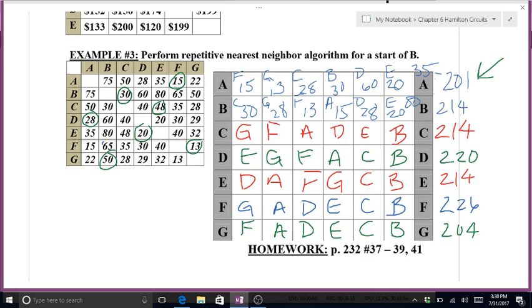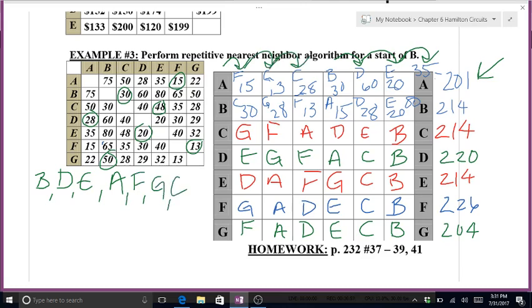Okay, but notice it says perform repetitive nearest neighbor for a start of B. So this now needs to be rewritten so it starts at B. So our final answer then is going to be B. B then goes to D. D goes to E. E goes to A. A goes to F. F goes to G. G goes to C. And C goes to B. And that's a grand total of 201.